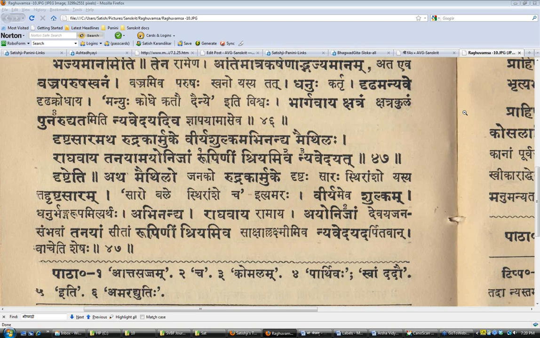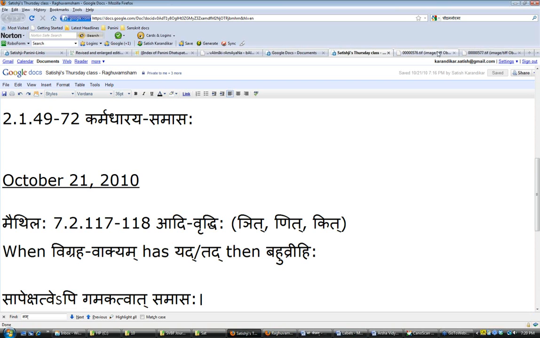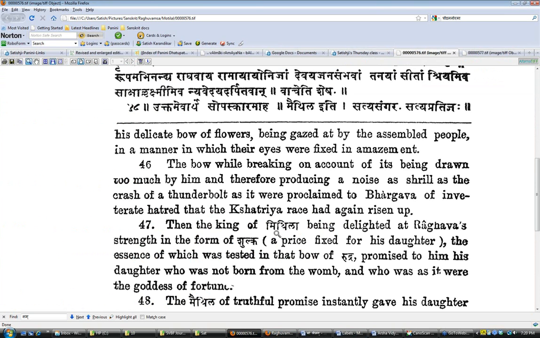Look at the translation also, to see what it is. It says the king of Mithila, being delighted, Abhinandya, at Raghava's strength, so Viryam, in the form of Shulka. So interesting.